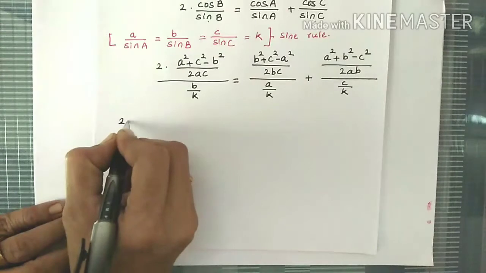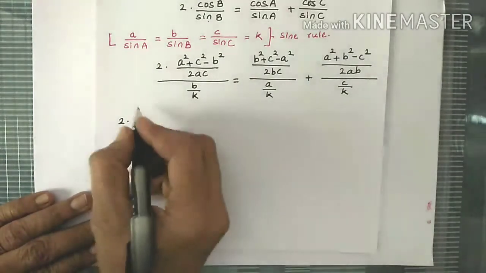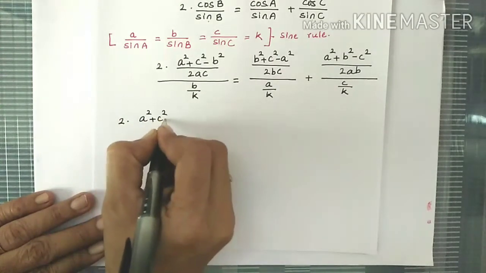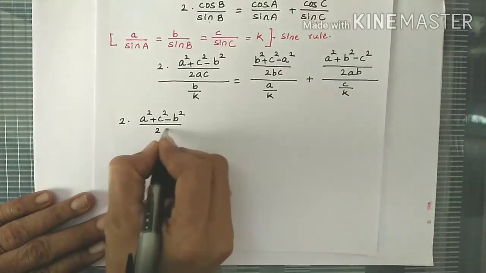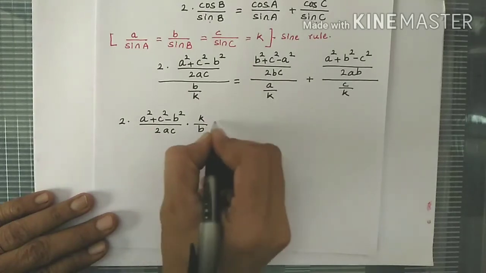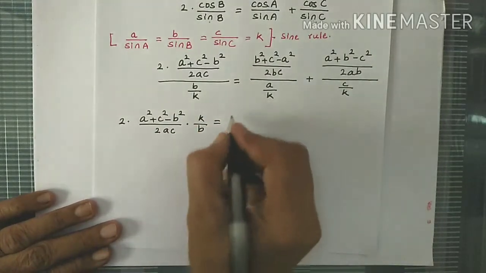So this is 2 into, let's write these terms as having only one denominator. So 2 into a² plus c² minus b² divided by 2ac multiplied by k upon b. Dividing by b by k means multiplying by k upon b.